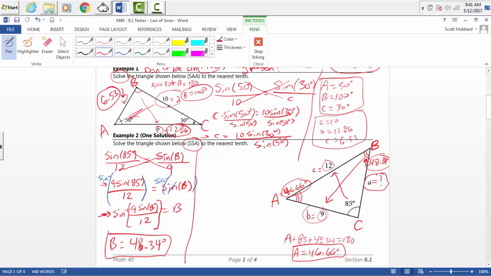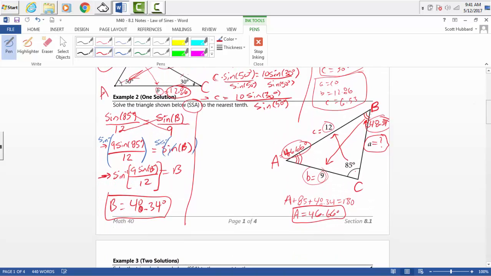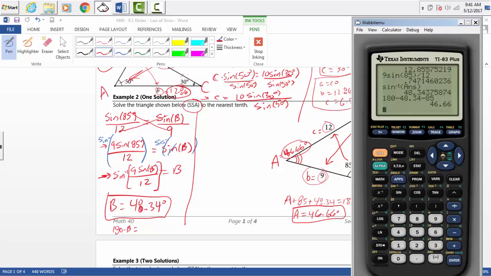So 180 take away B, 180 minus 48.34, is 131.66.